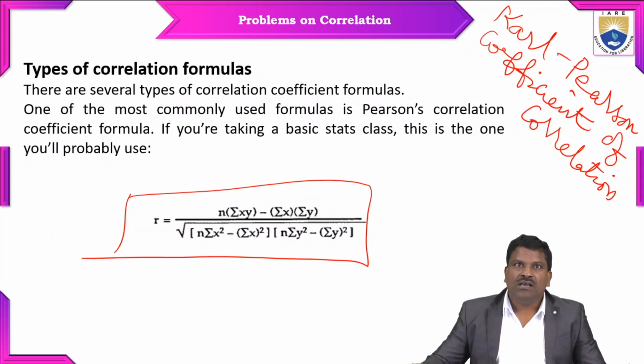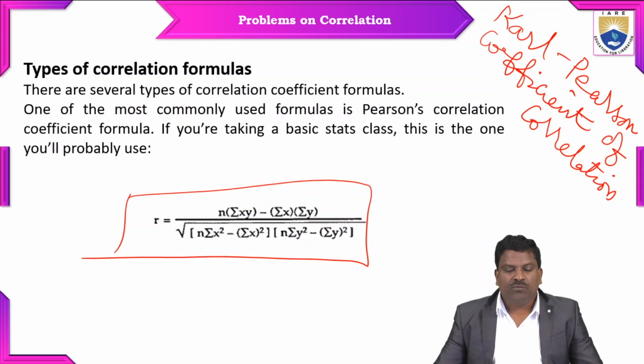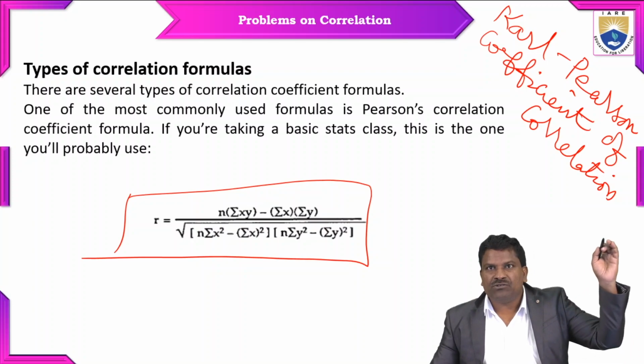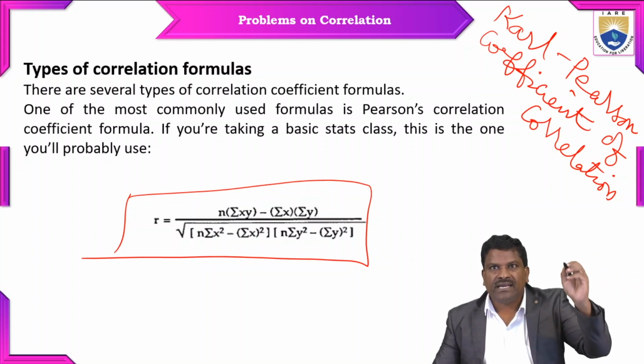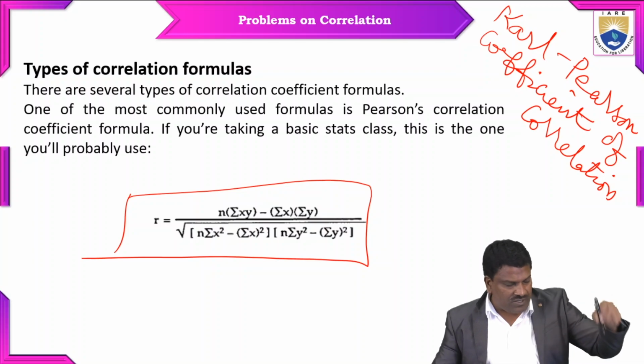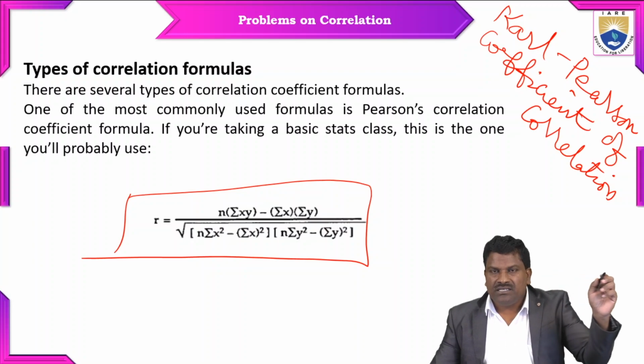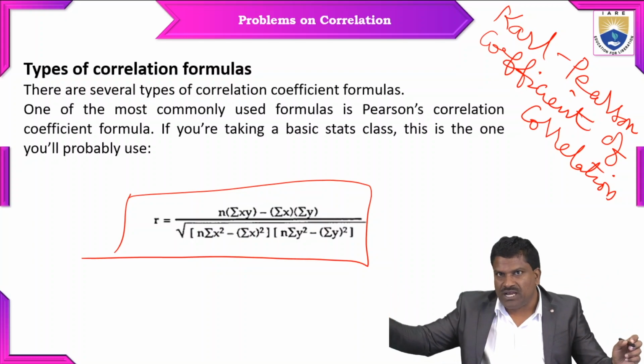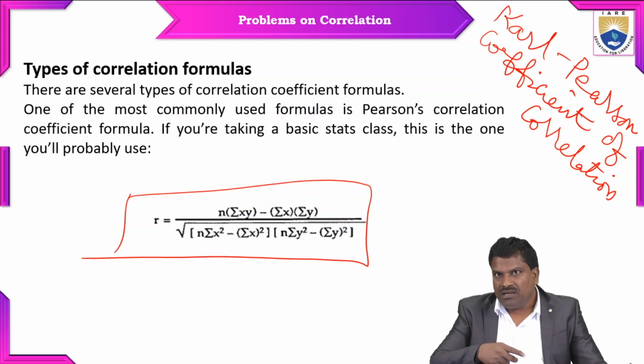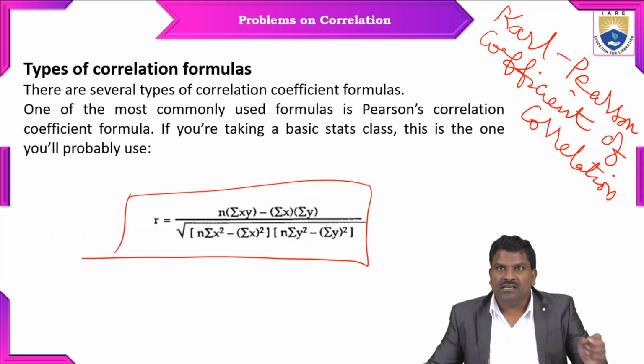So using this, whatever data is given there, first of all, we have to write those values x, y, xy, and below that in column sigma xy we have to find, like that in rows sigma x we have to find, like that sigma y we have to find, like that sigma y square values we have to find.